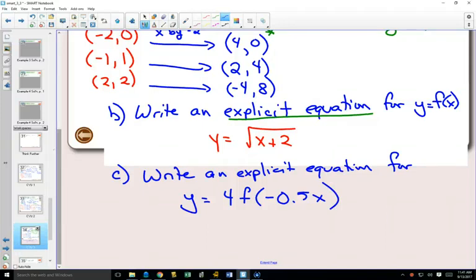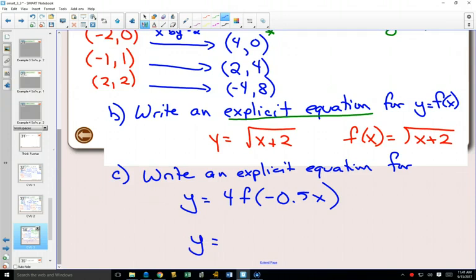That's our blue graph. So what we basically have is our original function, which we just figured out in part B, the square root of x plus 2. How would I write the new equation if I have 4f of -0.5x?